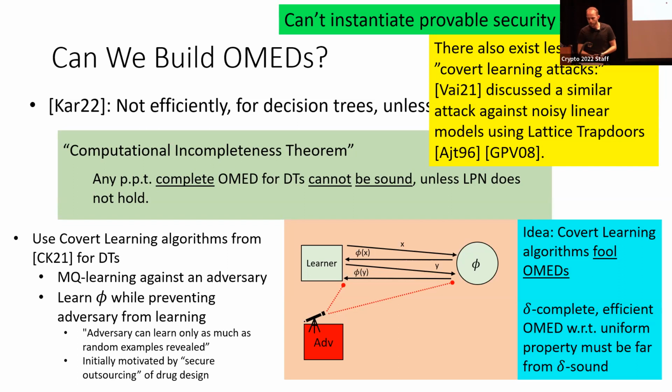But on the other hand, it was working against a much more contrived set of machine learning models, being noisy linear equations mod Q. So ours is the first that's working against a much larger, practically inspired class, being polynomial sized decision trees.